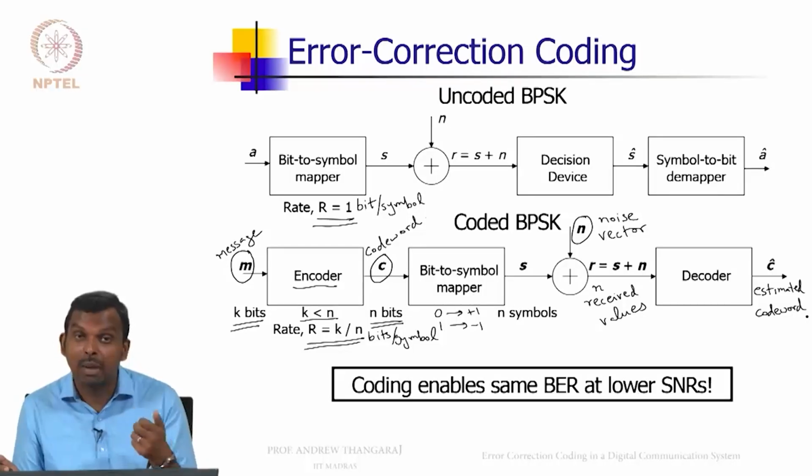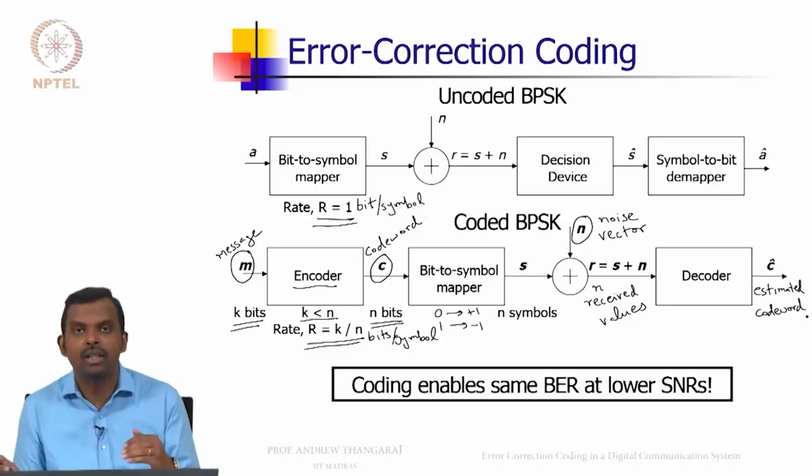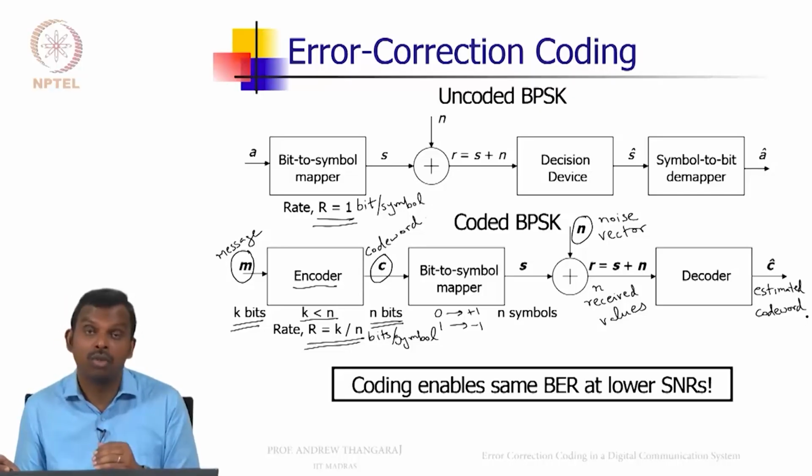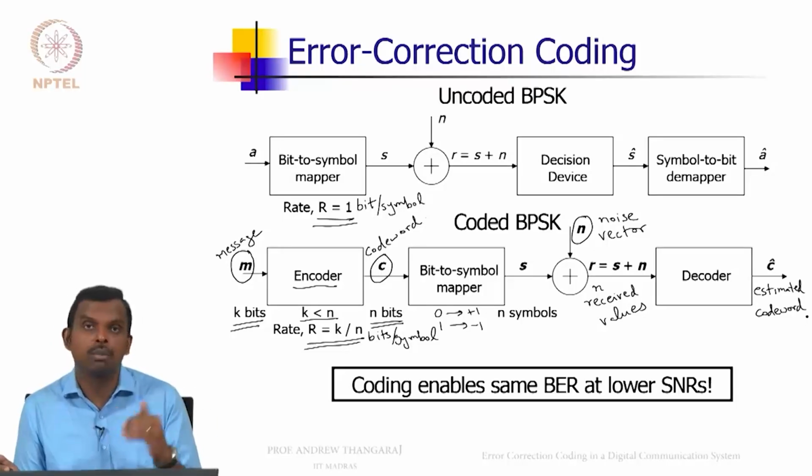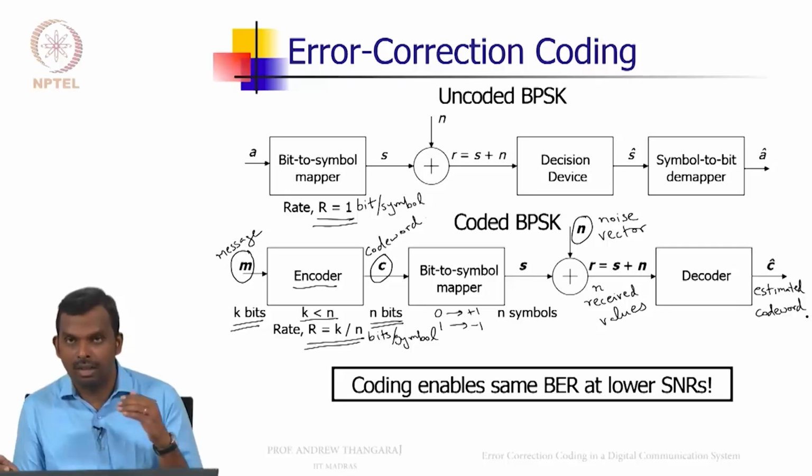So, your signal power has to be reduced as much as possible, but you also want to achieve the same bit error rate. If you do coding, you get this benefit: without going for a higher signal to noise ratio, you can get lower bit error rates at the same SNR, or the same BER can be achieved at a lower SNR.